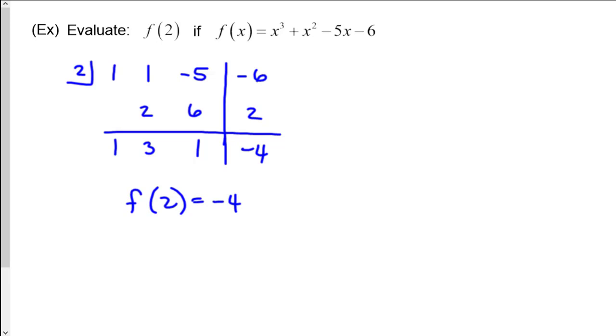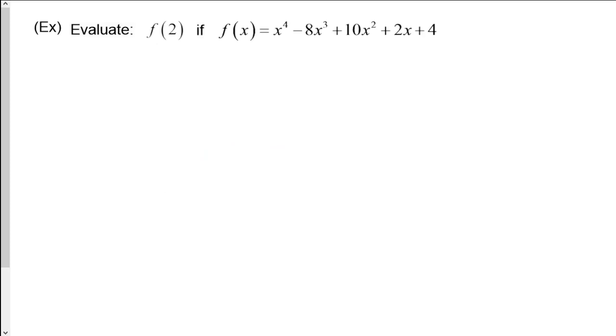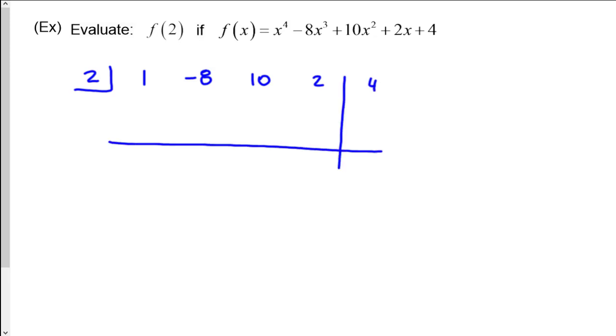Okay, next example. Evaluate f of 2. F of x is this polynomial. So put 2 off to the side. So 1 times x to the fourth minus 8x cubed plus 10x squared plus 2x plus 4. Okay, bring the 1 down.